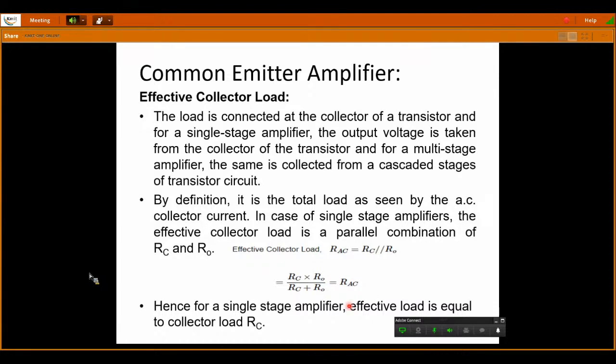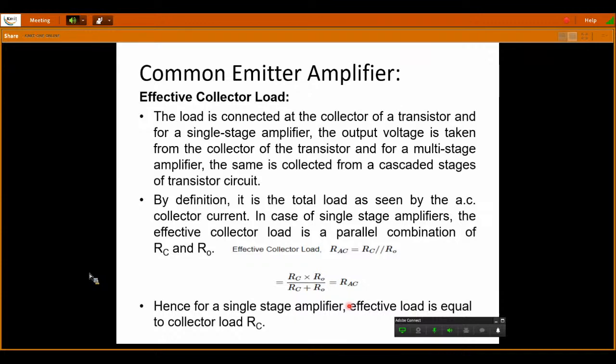For a single stage amplifier, R naught is very low in a common emitter amplifier, whereas the output resistance of common base is high, and the output resistance of common collector is low. So the output resistance of the common emitter amplifier is also low here.